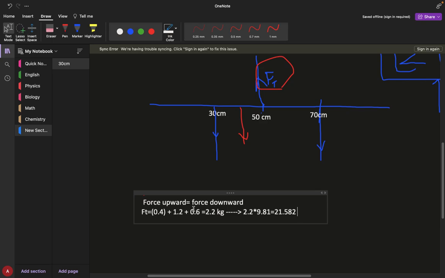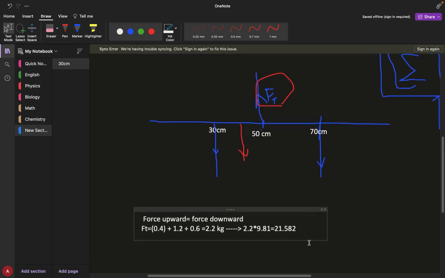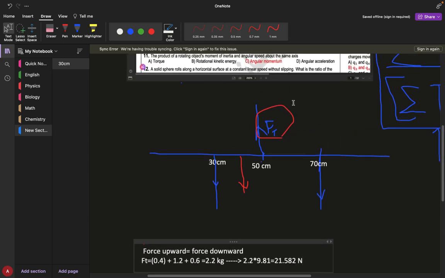Yes, correct, the app did it on its own. That is in Newtons. We found the upward force. Now this upward force, I'm going to regard it as mass, because everything else is in mass, so I'll just write 2.2 kilogram.